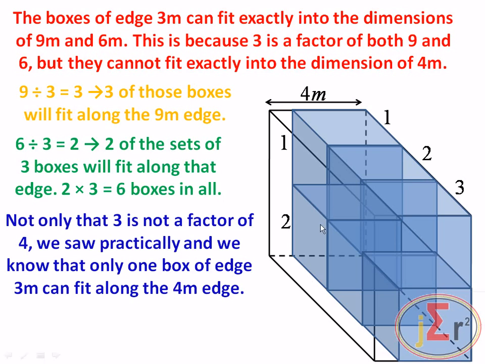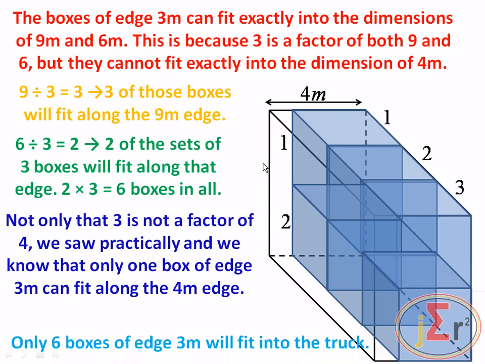Because of this smaller space here, it is impossible for another box of edge 3 meters to be fitted here, because when we put this one right here, only 1 meter remains. Only 6 boxes of edge 3 meters will fit into the truck.